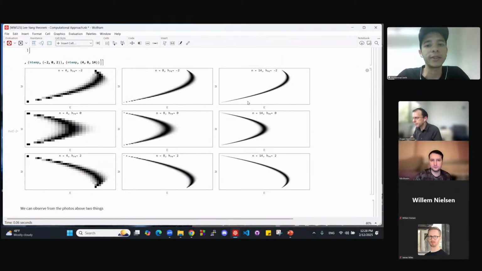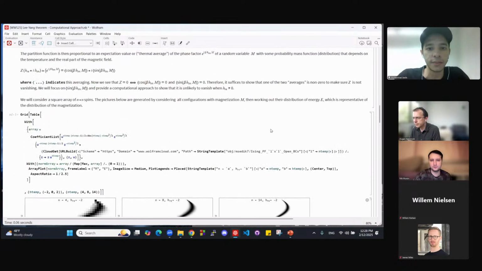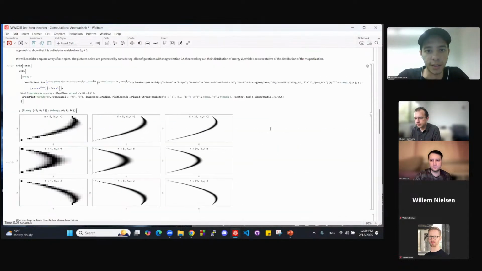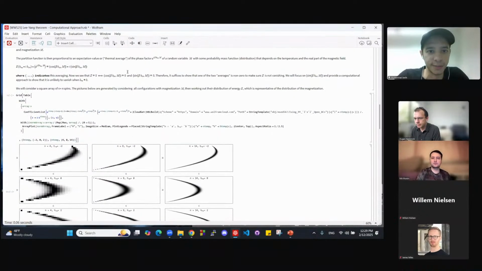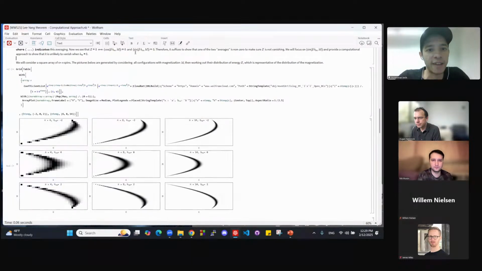So, what does this distribution tell me? I'm going to zoom out a little bit just to show the sine function. This is an average of a sine function. The sine function is an odd function in M, the magnetization.